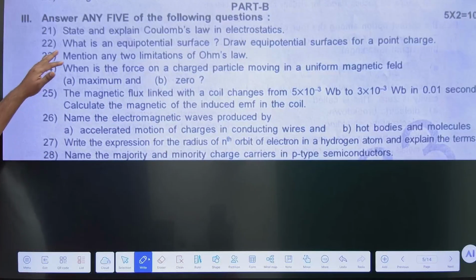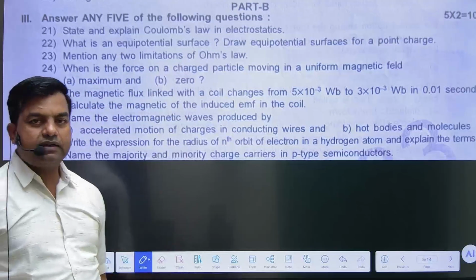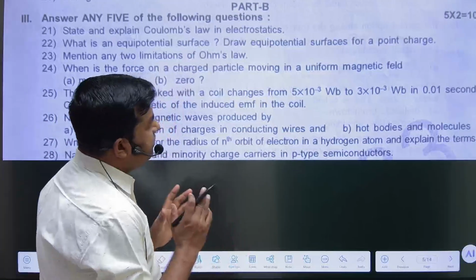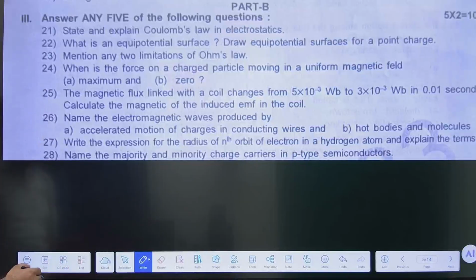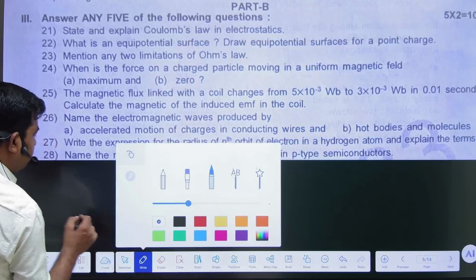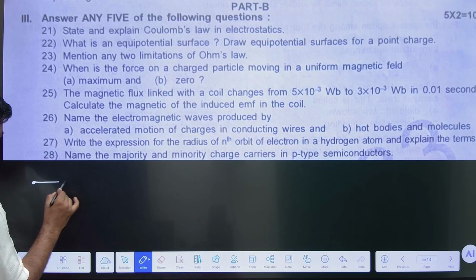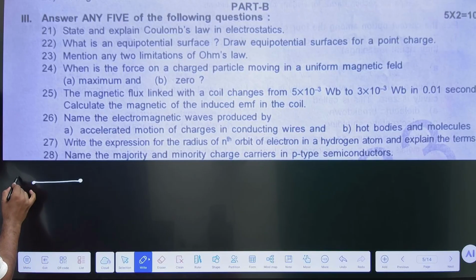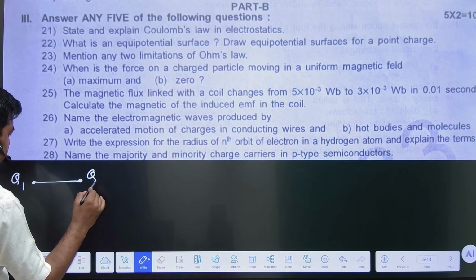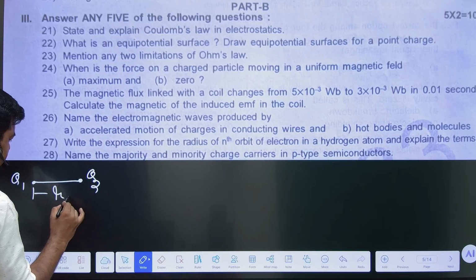Next question is, state and explain Coulomb's law in electrostatics. Okay, very simple. 2 marks question. We know that these are the two charges Q1 and Q2 placed at r distance apart.